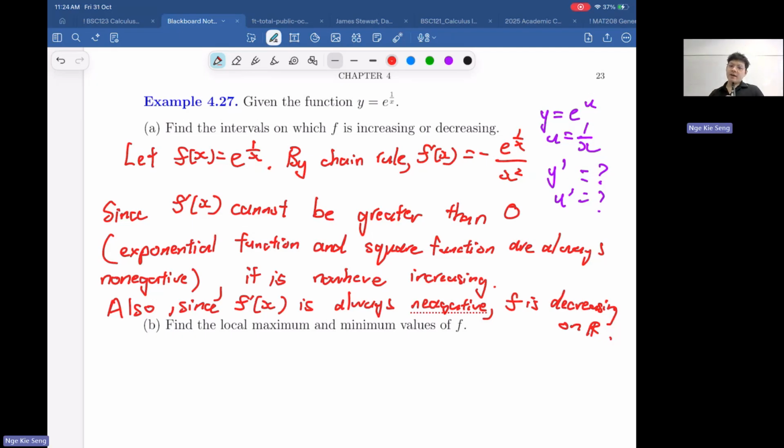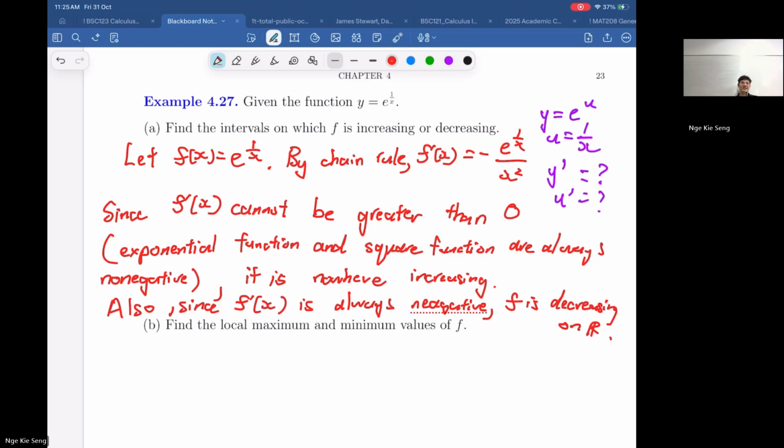Next, we're going to find the local maximum and minimum. We could try to use the second derivative test. If you're going to use it, maybe you should differentiate this again. But let's ask a question first. Is there any stationary point?